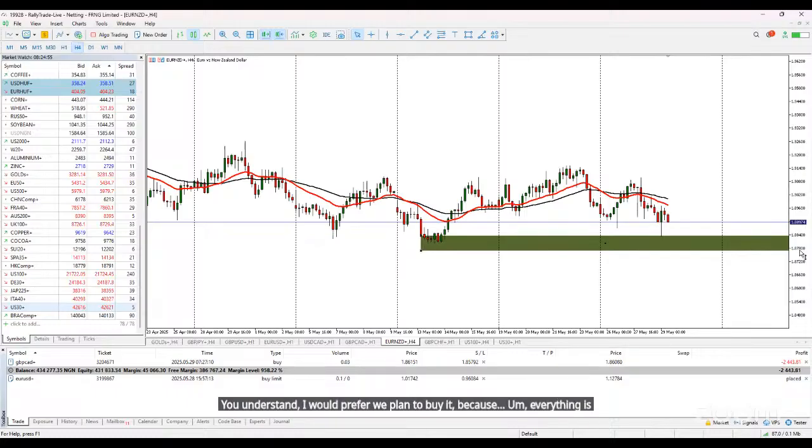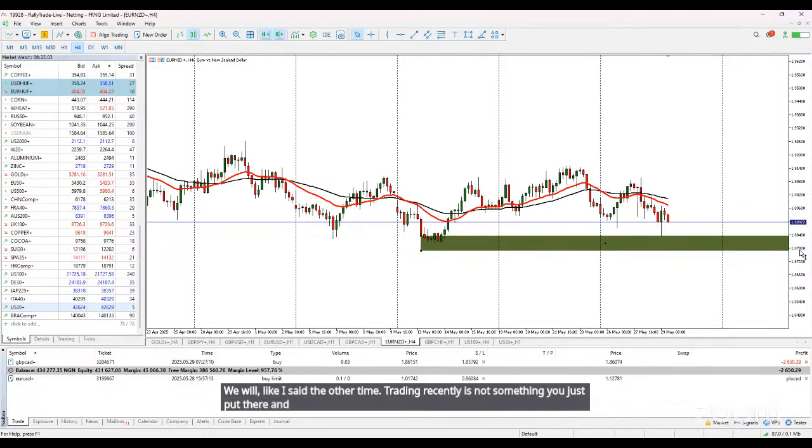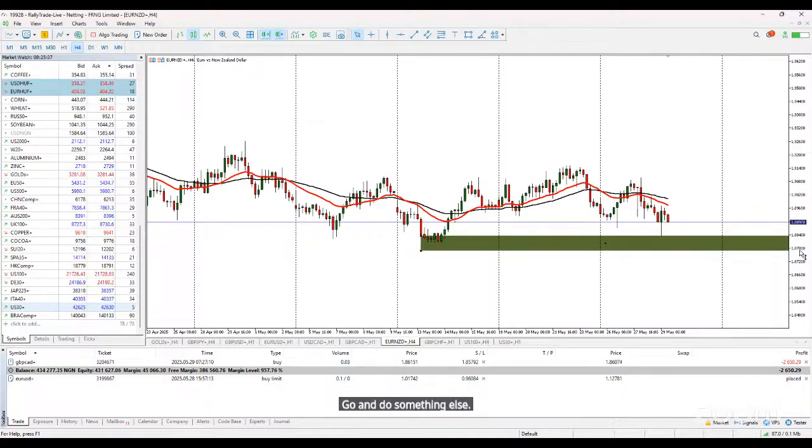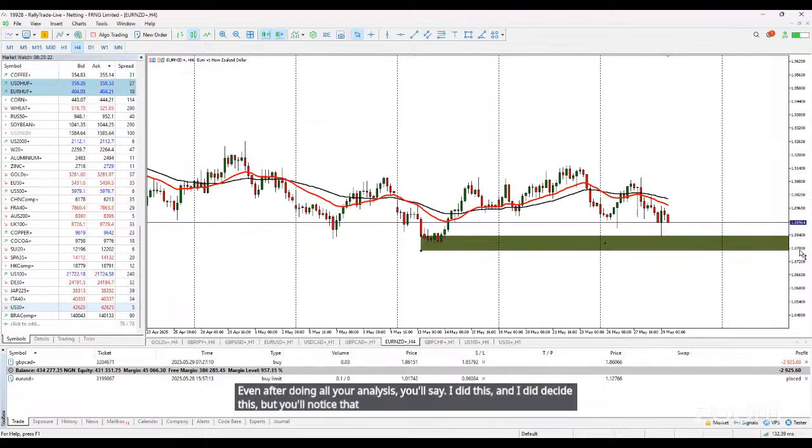It might be a short buy because, like I said the other time, trading recently is not something you just put there and leave your system or your phone and go and do something else. The way the market is moving, at any time you can see a drastic change. Even after doing all your analysis, you notice that this thing has changed.